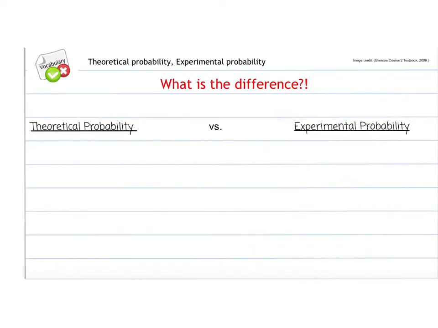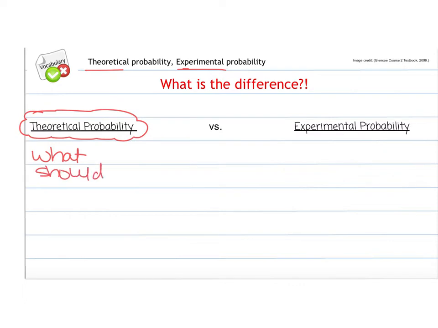So we have theoretical probability and experimental probability. So what is the difference? Theoretical probability, which is a word that you definitely want to have written down in your notes or maybe circled or highlighted on the template, is the probability of what should happen.